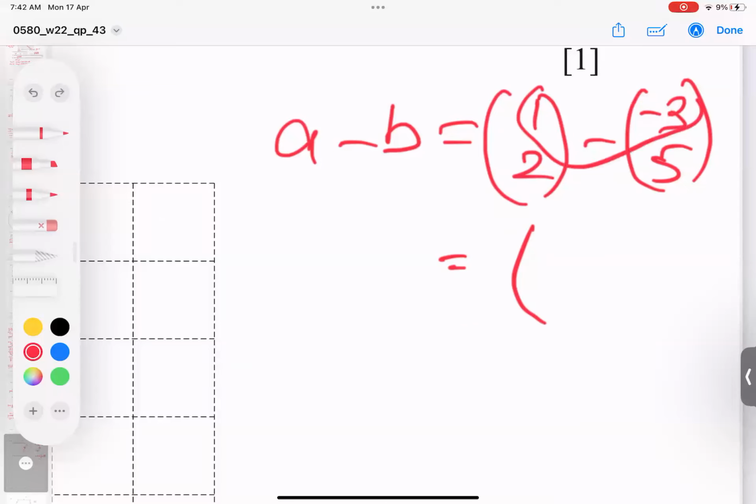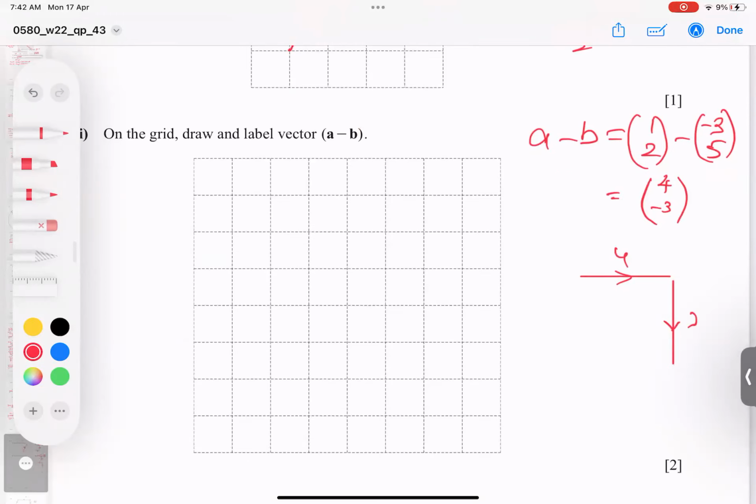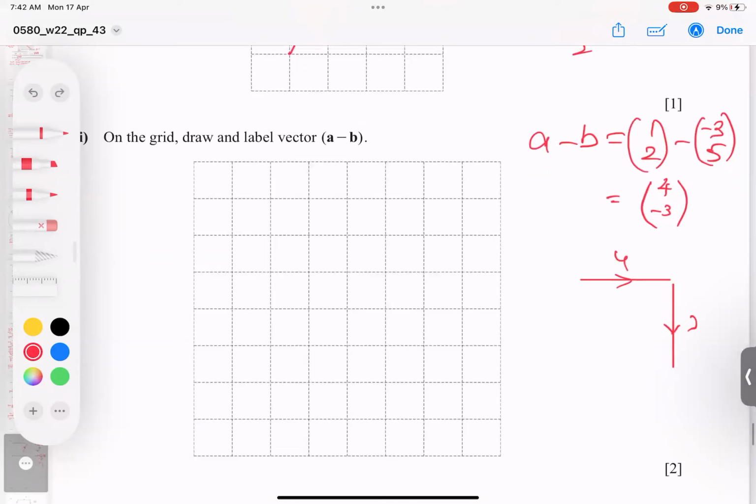So 1 plus 3 gives you 4, and 2 minus 5 gives you minus 3. It means it will go 4 rightwards and 3 downwards. So you can draw it directly like that: 1, 2, 3, 4 in this way. I can make it directly for full marks. You will not lose marks here.